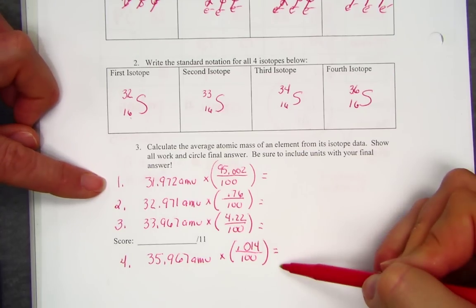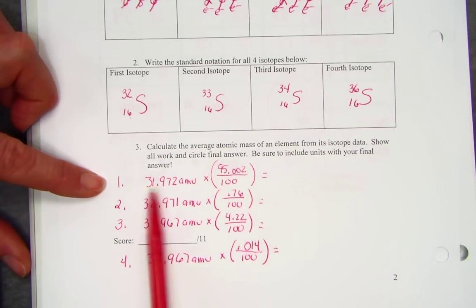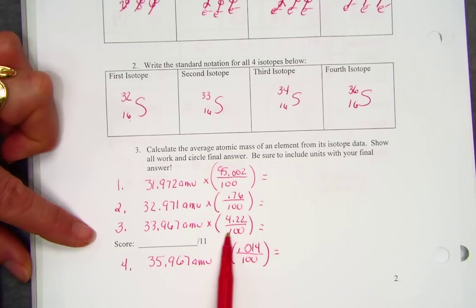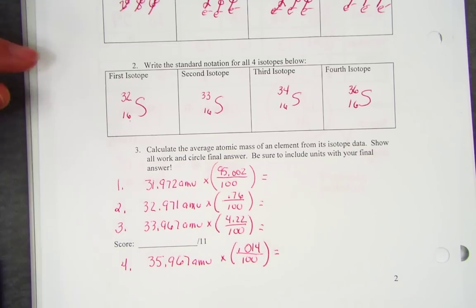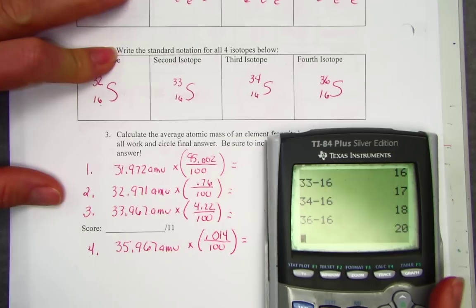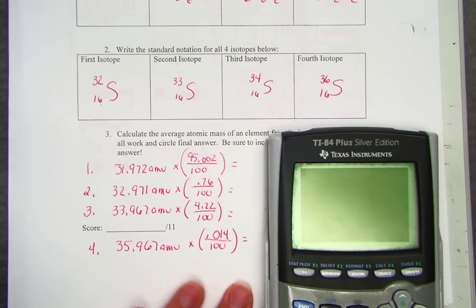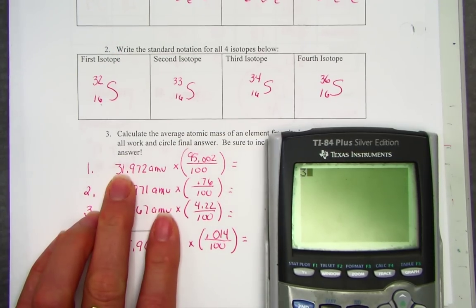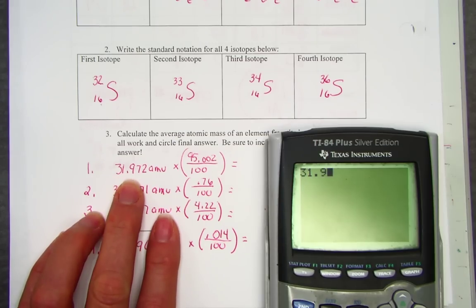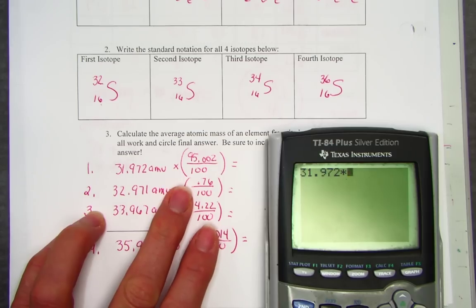Averaging the 4 isotopes together is taking each weight and multiplying by its relative abundance and then adding those together. And let's hit that together on our calculator. Pause if you need to, hit it out, and let's reach a common answer. First one, 31.972 times 95.002 over 100.